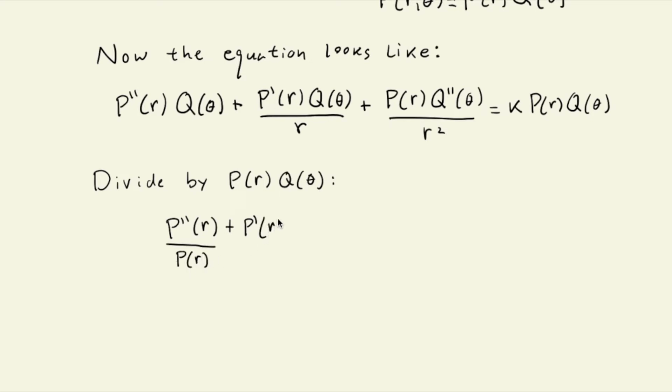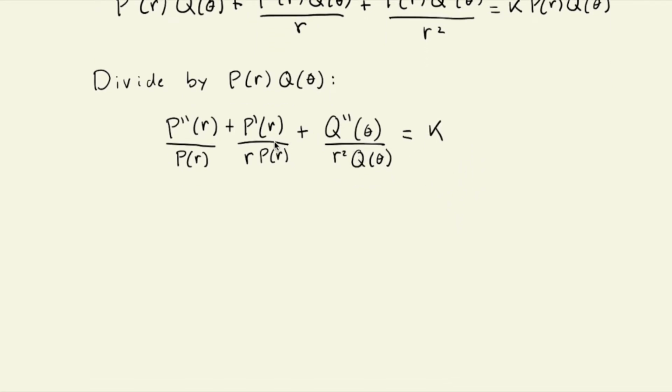P prime of r divided by r p. Plus here the p is going to cancel, so you're going to get q prime prime theta divided by r squared q of theta, and that will be equal to k, just some constant.